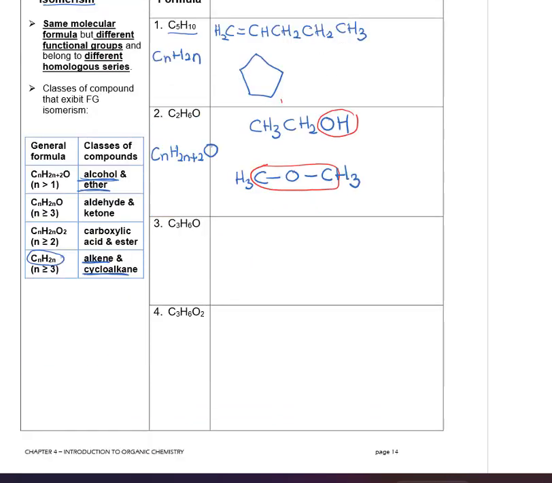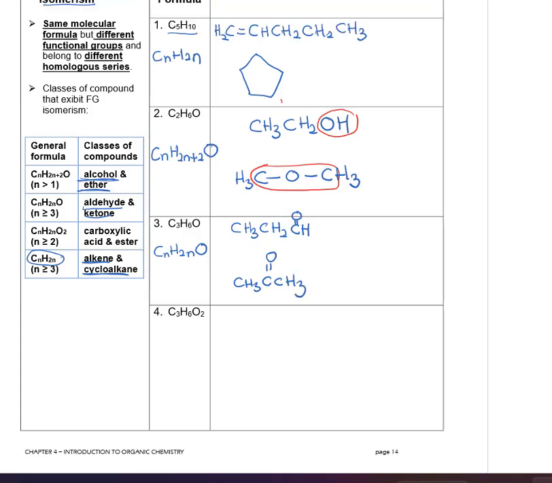Okay, next is CnH2nO. This one is aldehyde and ketone. I can draw this one as an aldehyde, where the carbonyl group is attached to one hydrogen, and then I can draw this one as a ketone.